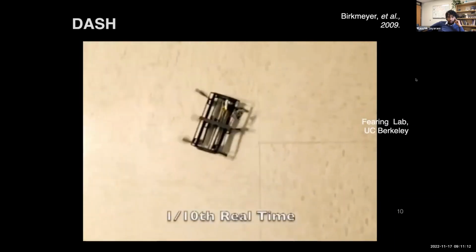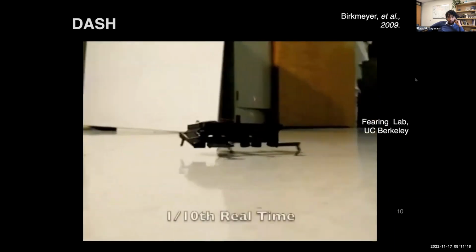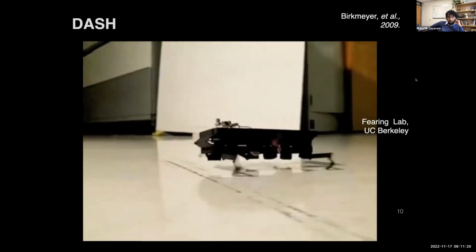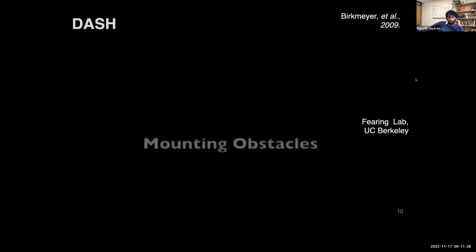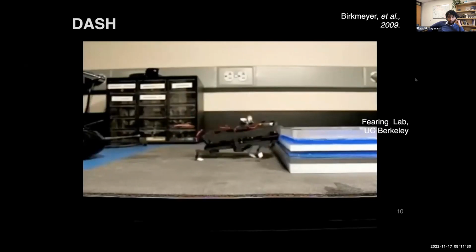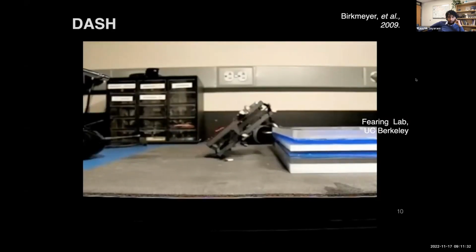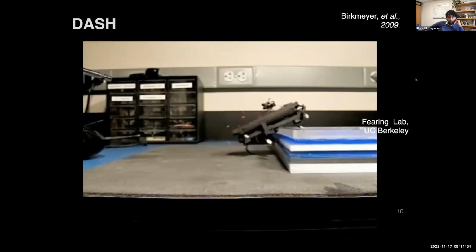In video slowed to 1/10 real time, the dynamics of Dash are better observed. Different leg designs can easily be interchanged on the same body, and the space of possible leg designs is still being explored. Dash is able to climb over obstacles taller than its own body height, thanks in part to its high power-to-weight ratio and dynamic gait.